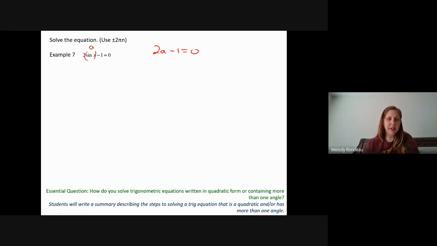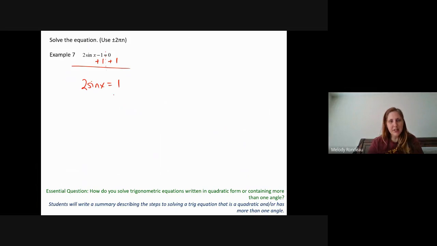So if I was solving that, I would typically start by adding 1 to both sides. I'm going to do that same thing and add 1 on both sides of my equation. And I end up with 2 sine x equals 1. Then if I was going to continue solving, I would divide both sides by 2, and I would get sine x equals 1/2.